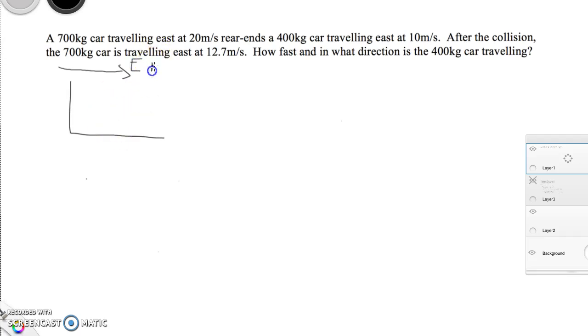So we have a 700 kilogram car traveling east at a speed of 20 meters per second, colliding with a 400 kilogram car that's also traveling east at 10 meters per second.